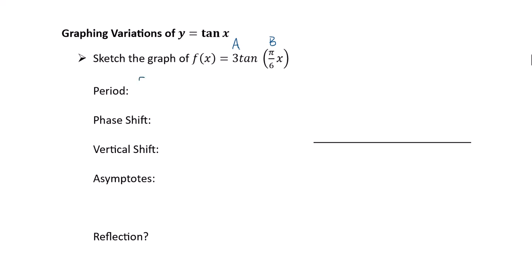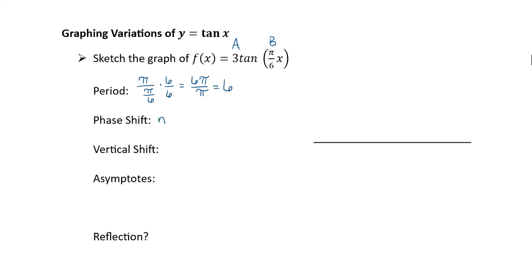Remember, your period is pi over the absolute value of b, so it's pi over pi over 6, and I can multiply by 6 over 6 to simplify that compound fraction, and that leaves me with 6 pi over pi, which is just 6.